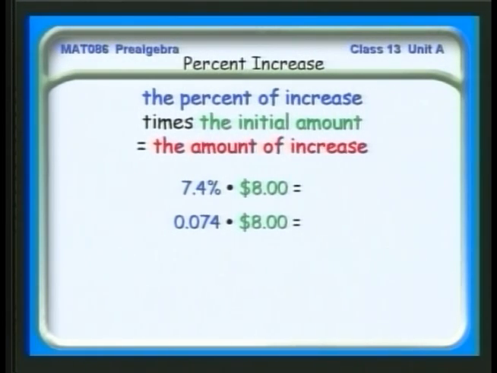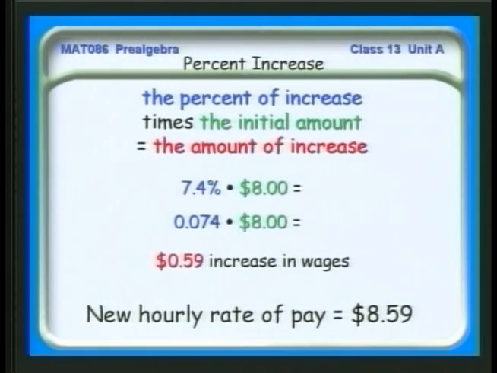Now I can do the multiplication, and I find out that amounts to an extra 59 cents an hour in wages. The new hourly rate then is the original $8 plus the 59 cents increase, so now someone who was originally making $8 an hour would be making $8.59 an hour.